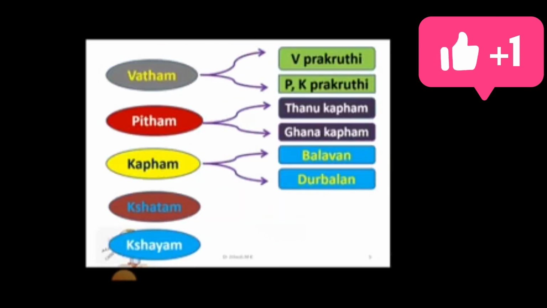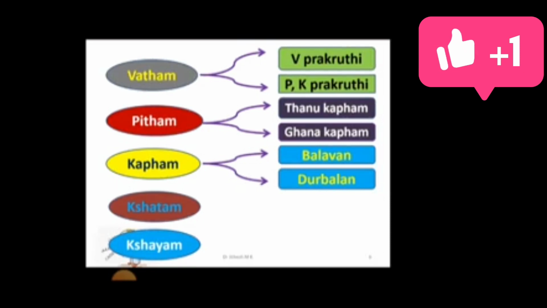When we go to the practice field, we have to differentiate the treatment. There are definitely 5 types of kasa: vata, pitta, kapha, kshata, and kshaya. But simply diagnosing Vataja Kasa is not sufficient to get the proper result, because the line of treatment explained by Acharyas for Vataja Kasa occurring in a Vata Prakriti person and Vataja Kasa occurring in a Pitta Kapha Prakriti person are entirely different.